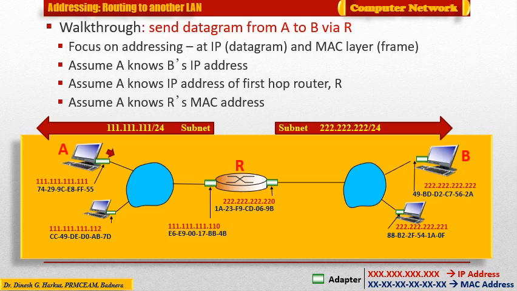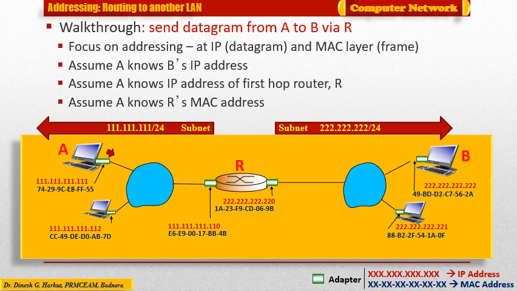But now let us look at the more complicated situation when a host on a subnet wants to send a network layer datagram to a host on another subnet, that is, across a router.